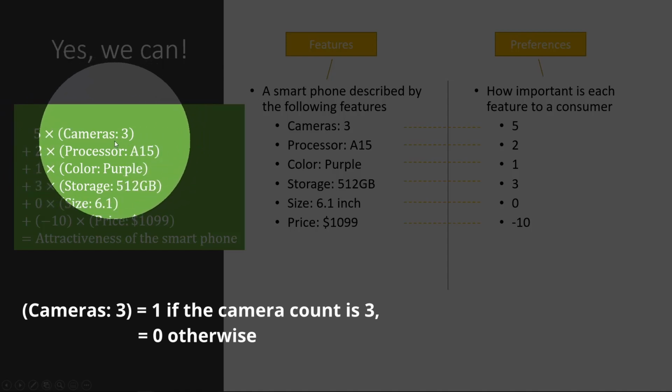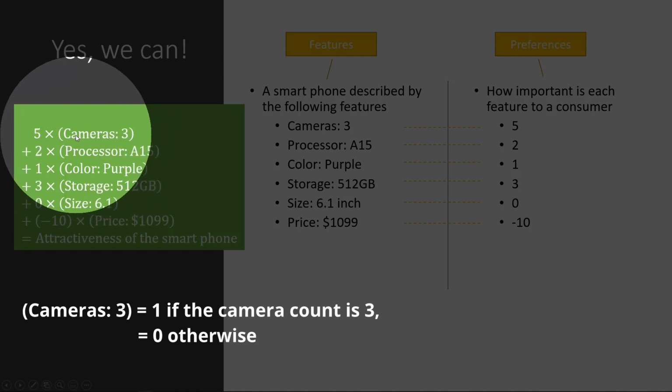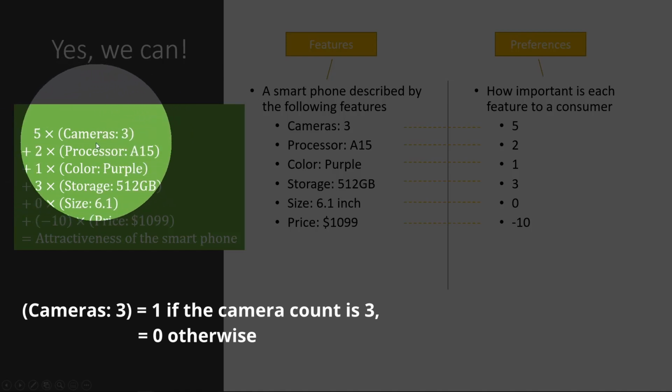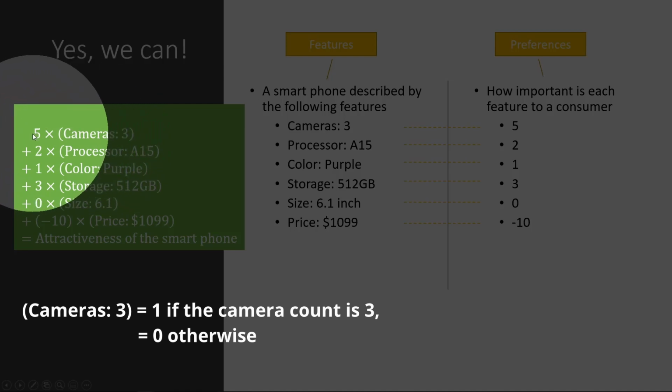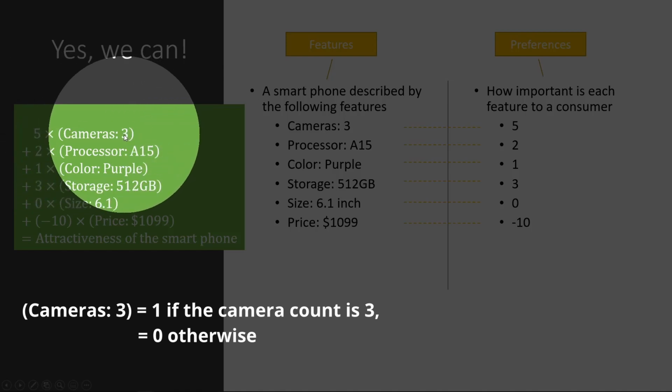So instead of taking the value of 1, this part would take the value of 0. So that basically would give us 5 times 0, which means if the number of cameras is not 3, then this preference of 5 would become 5 times 0, and this would not contribute to the attractiveness of the smartphone. It only takes the value of 5 when it matches the number of cameras.